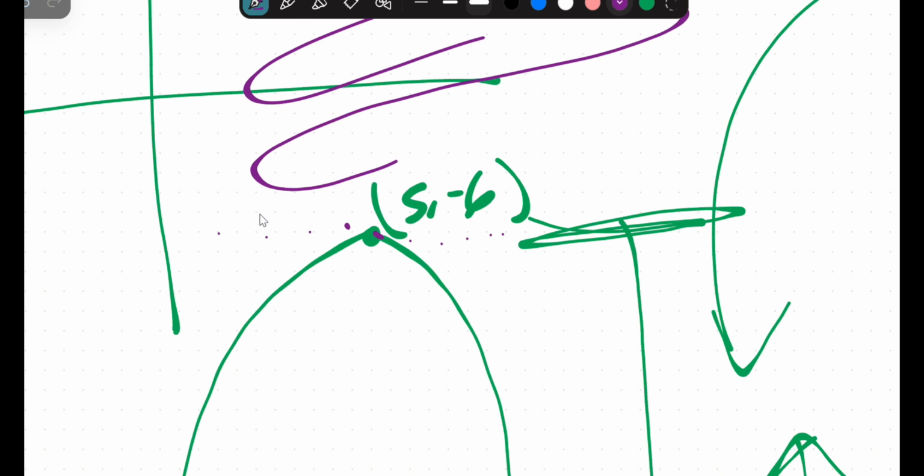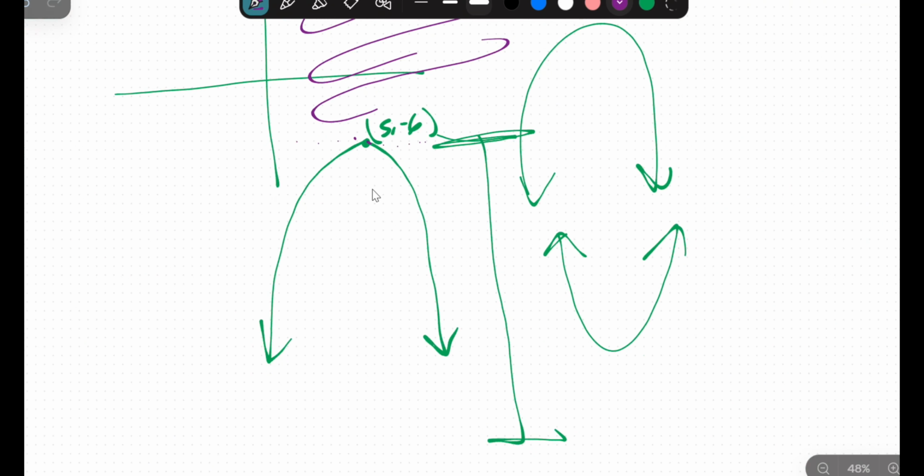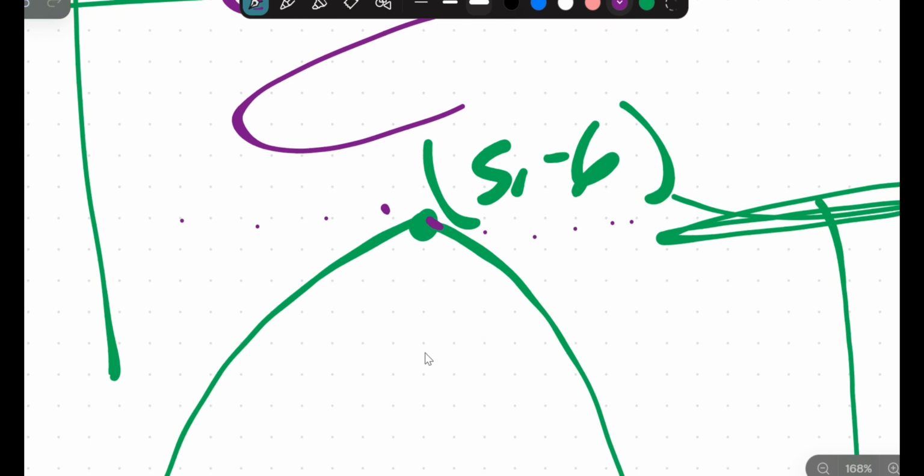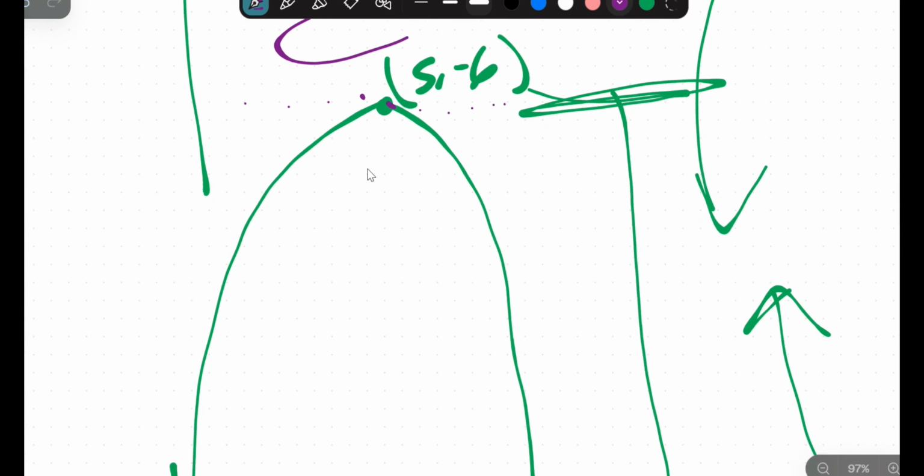In this case, since our leading coefficient was negative and the function is opening downwards, the y value that corresponds with our vertex is going to be our maximum, because our function is not going to get any bigger on the y-axis because it's only going downwards, if that makes sense.